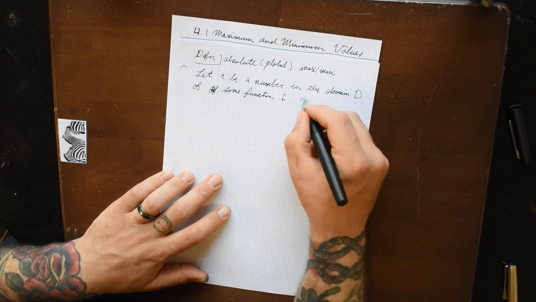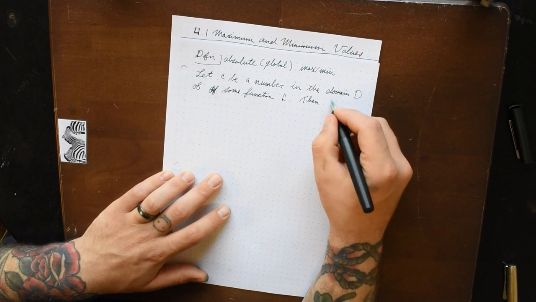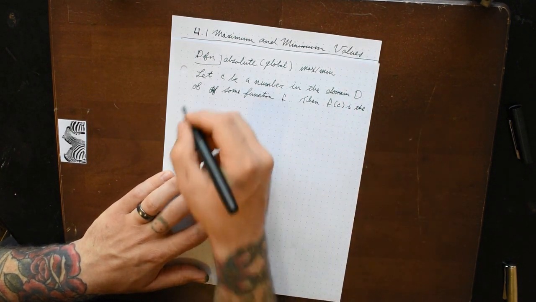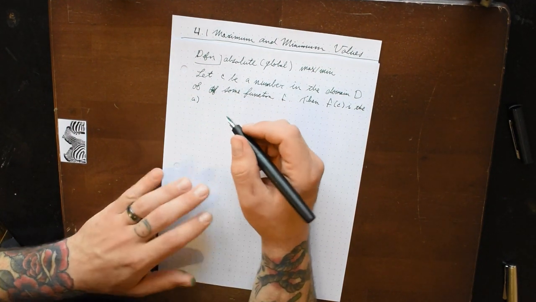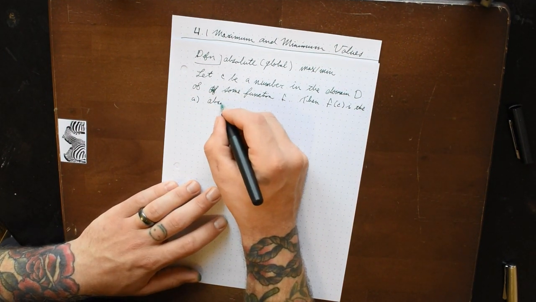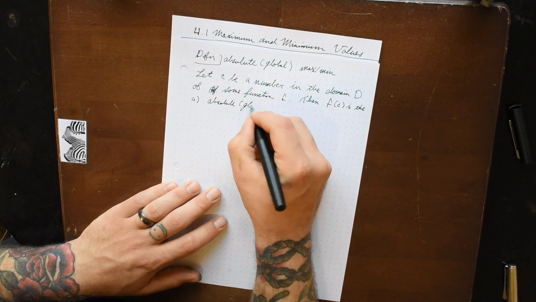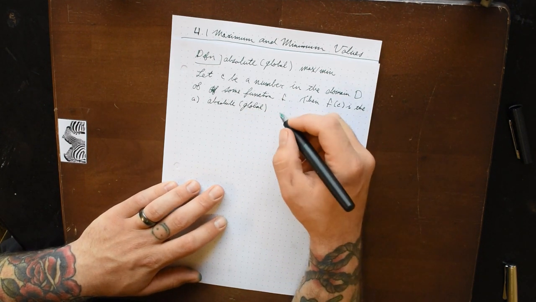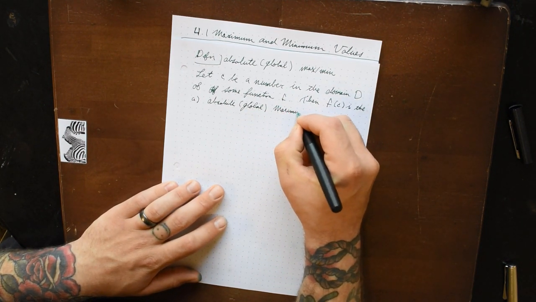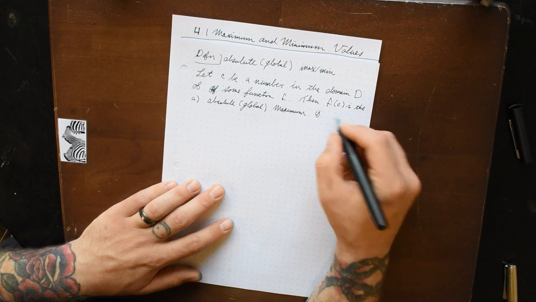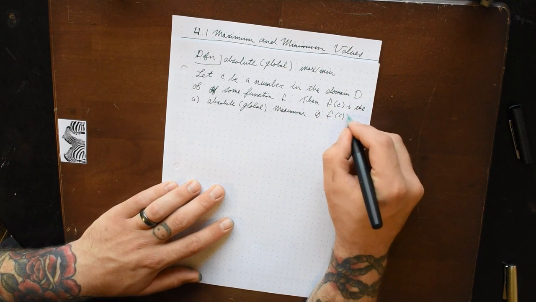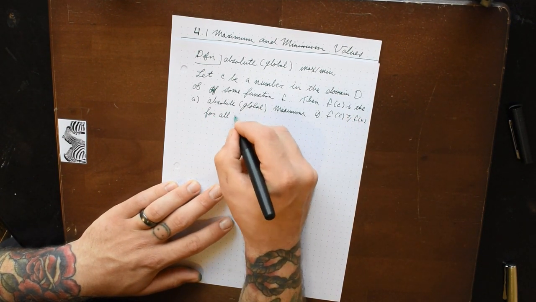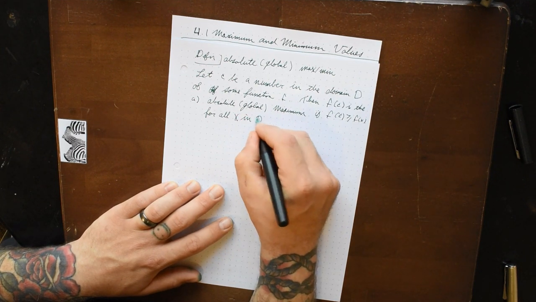Okay, so then the number f of C is either the absolute or the global, and I typically use the word global, absolute or global maximum if f of C is greater than or equal to f of x for all x in D.